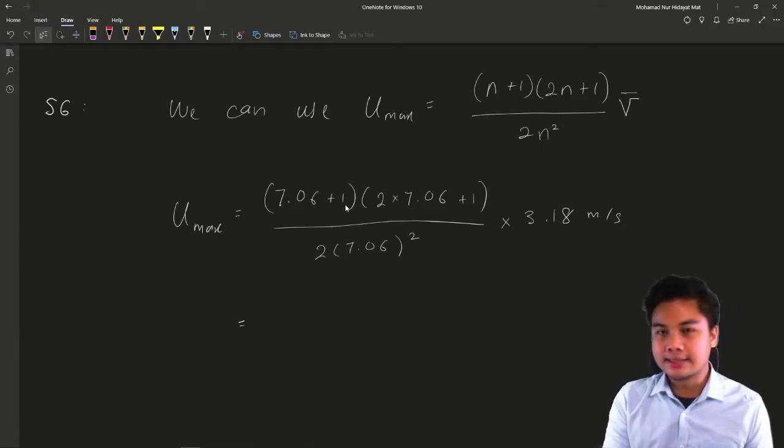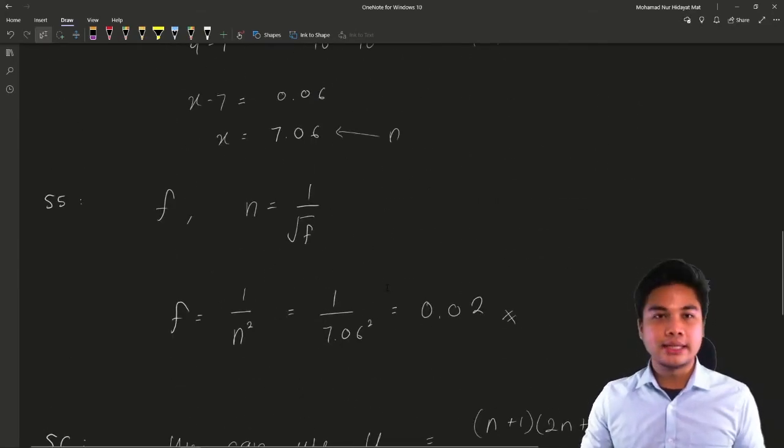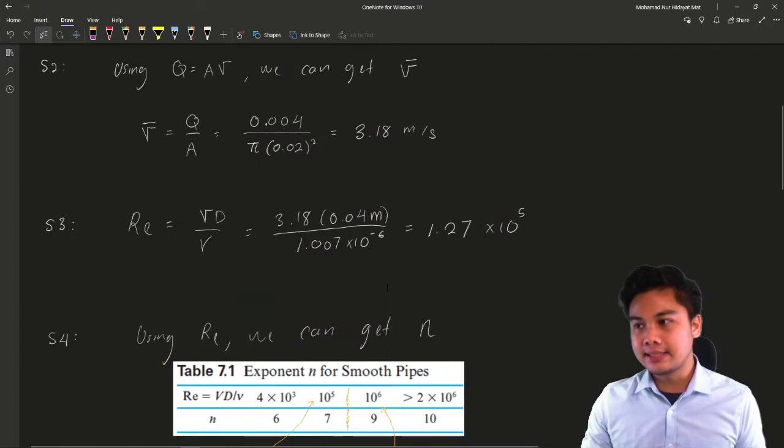Then you will get your answer to be 3.4 meter per second. Now we have solved for the U max using the power law that we found previously.